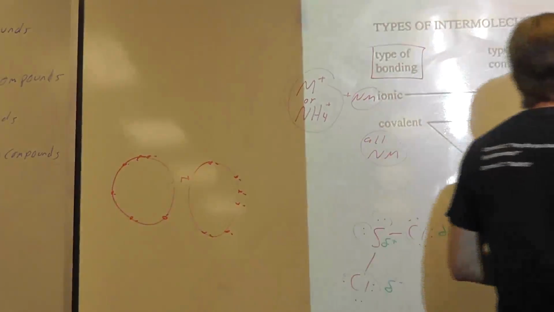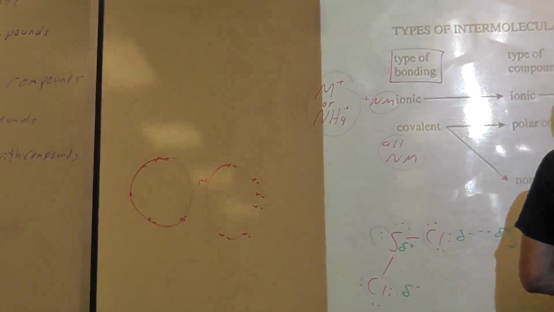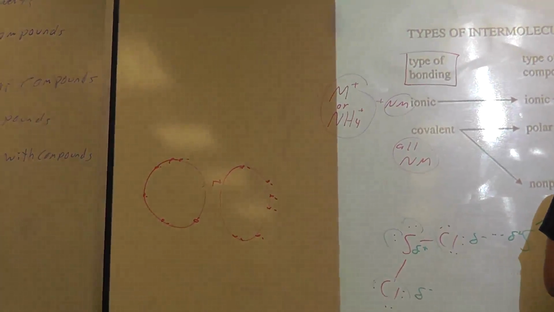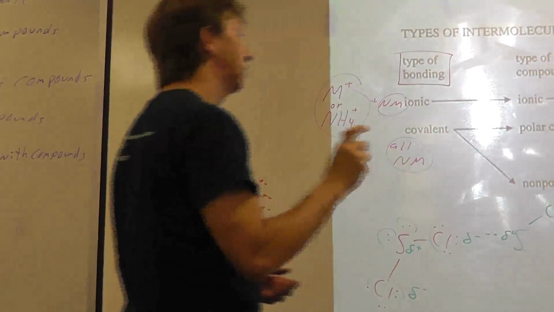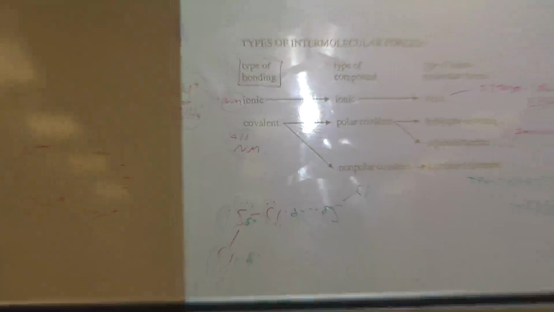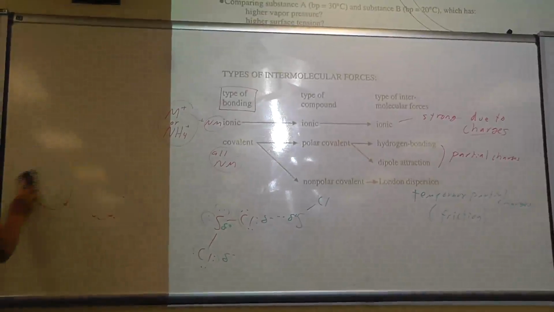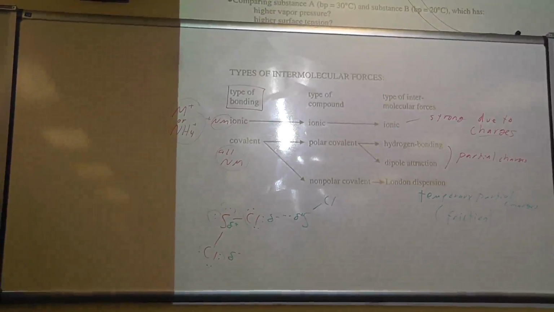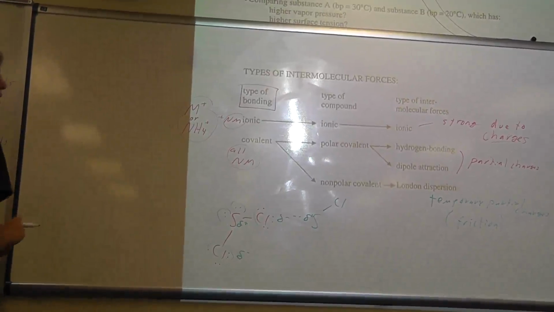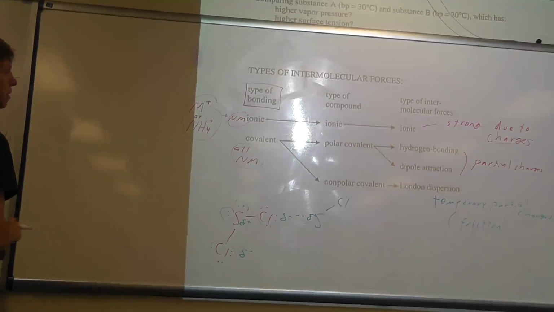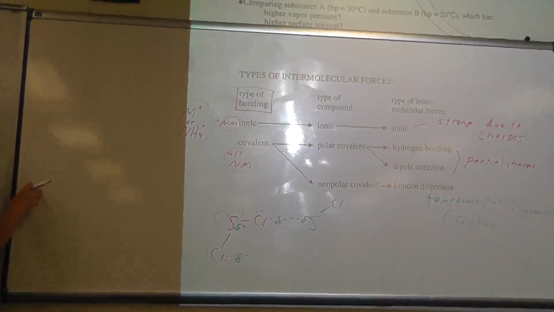Now with polar, you do have partial charges. And we just need to look a little bit closer in terms of what's called dipole attraction or hydrogen bonding. Because they're structurally the same, but the difference is strength.